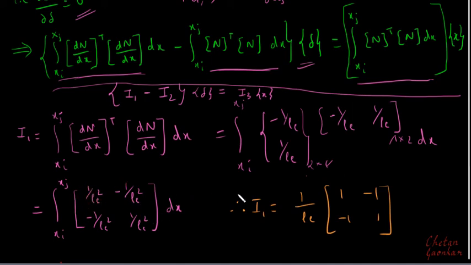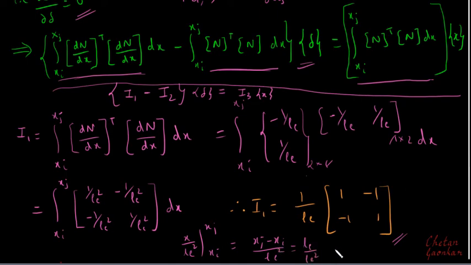If I integrate this, I will get this term, right? Because this one term will be nothing but x by le square, which will go from xi to xj. If I integrate this term from xi to xj, I will get it this way. So in place of x, I will have xj minus xi by le square, and xj minus xi is nothing but le, right?